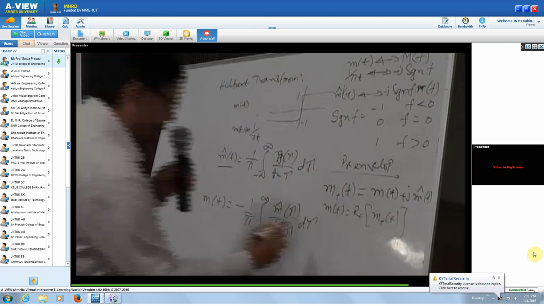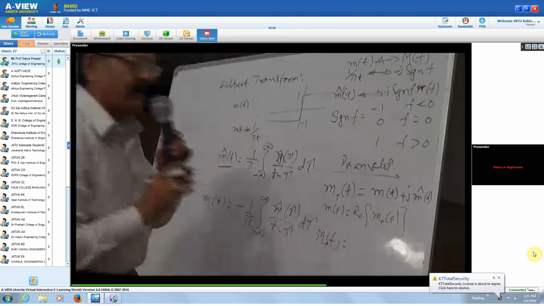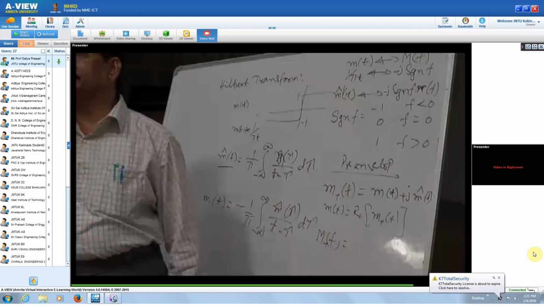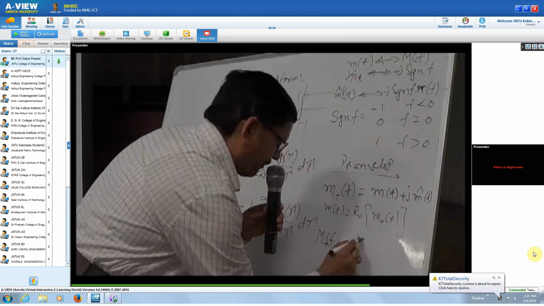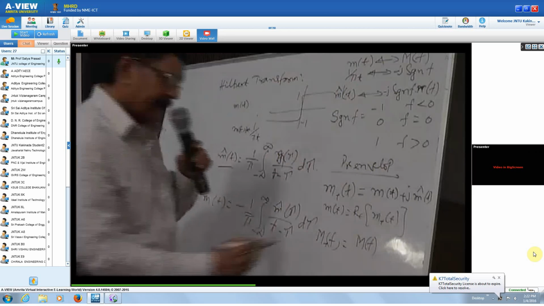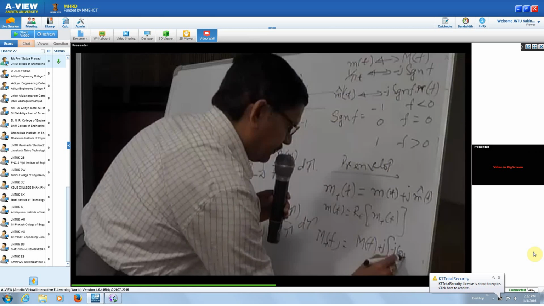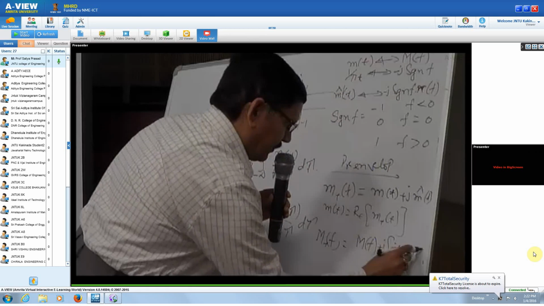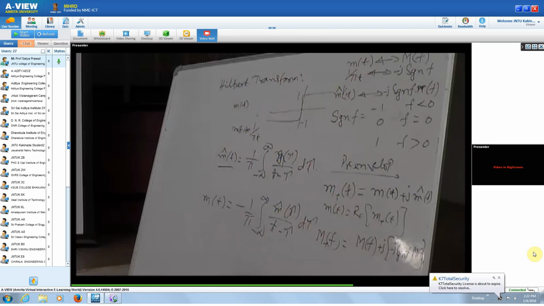Suppose we say that m plus of f is the transform of m plus of t, then what will be m plus of f? This will be equal to m of f plus j times minus j signum function of f m of f. So plus j into minus j is equal to 1.